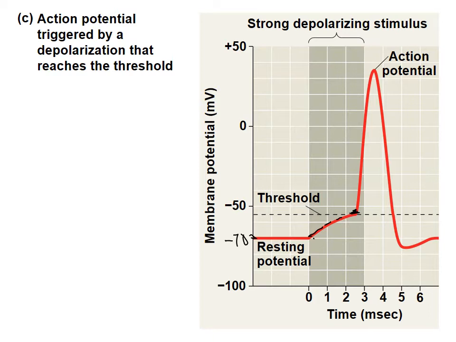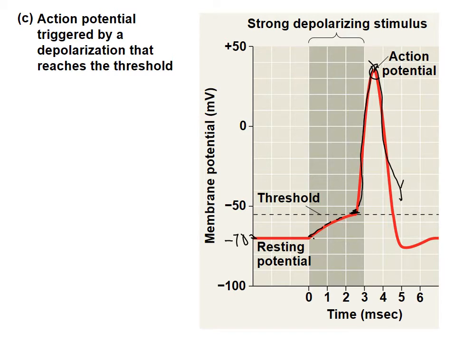So then all those gated sodium channels are going to open. Sodium is going to rush in, and then they're going to close, and then potassium channels are going to open, and you get an action potential which is reversing. So this goes up when sodium channels are open, sodium channels close up here, and potassium channels open, and then you reverse that.